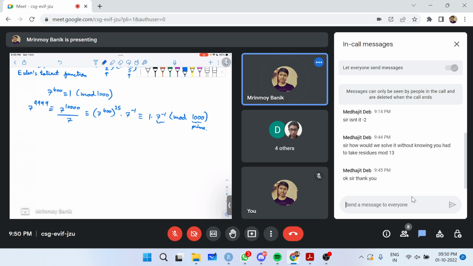There are many standard ways to find inverses modulo a large divisor, like here in this case, it's 1000.